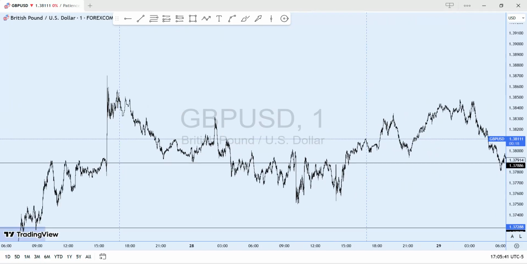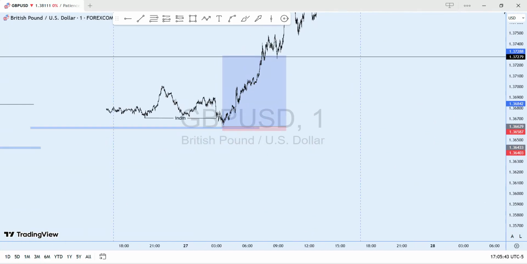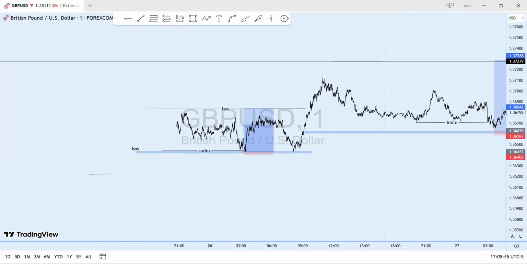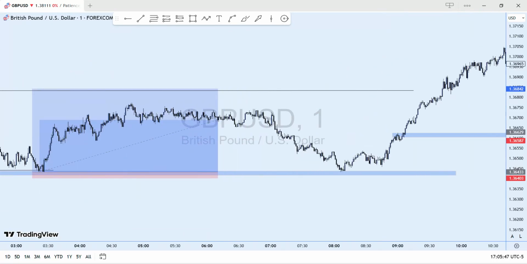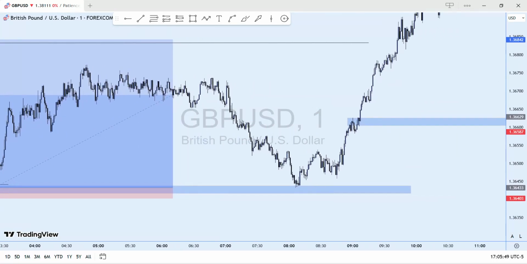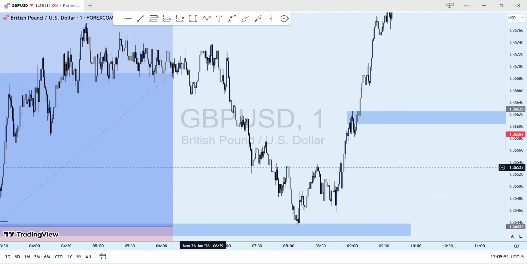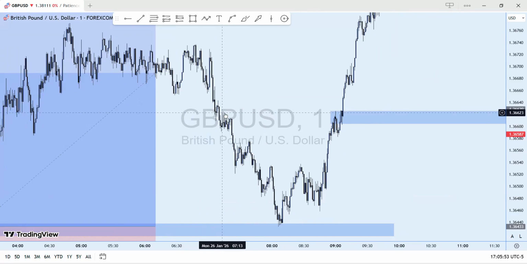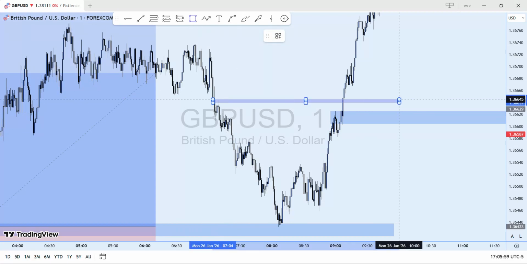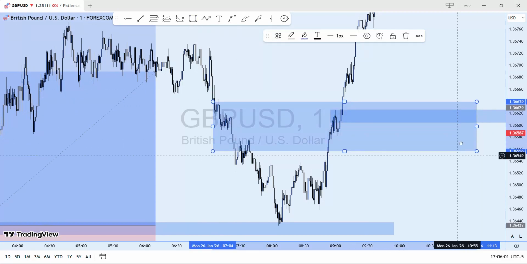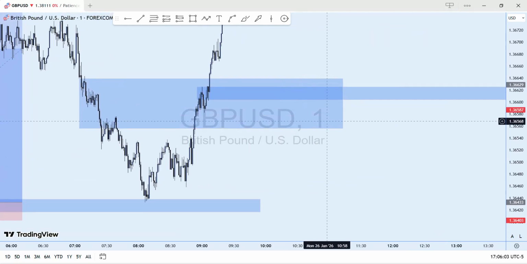So there was a breaker block, right? So this was it. This place was a breaker. This place here. So this was actually where the market came and reference.